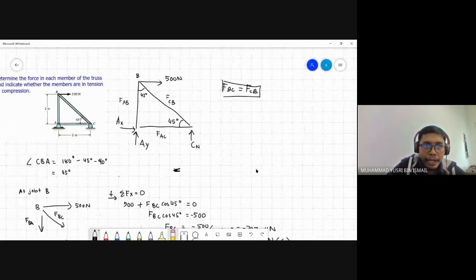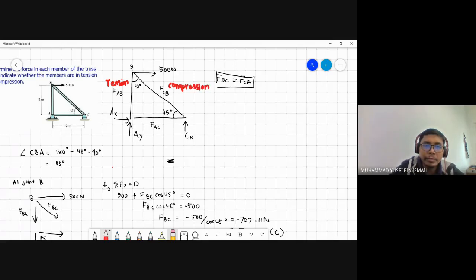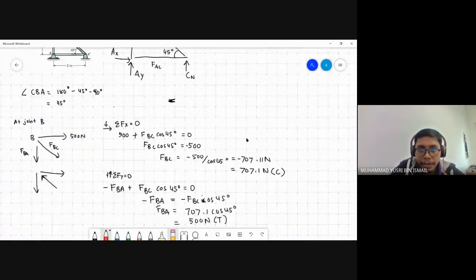What I usually do is write on the free body diagram that this part is a tension, so that I will not be confused, and then FCB is compression.